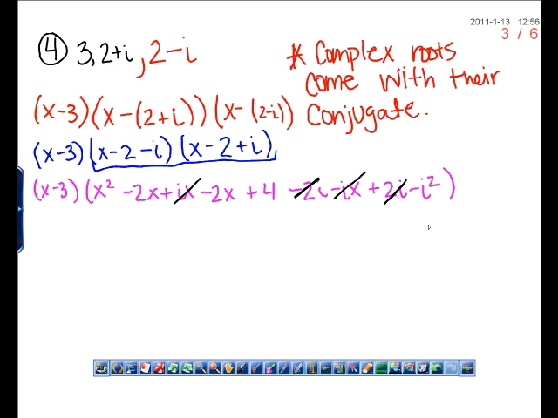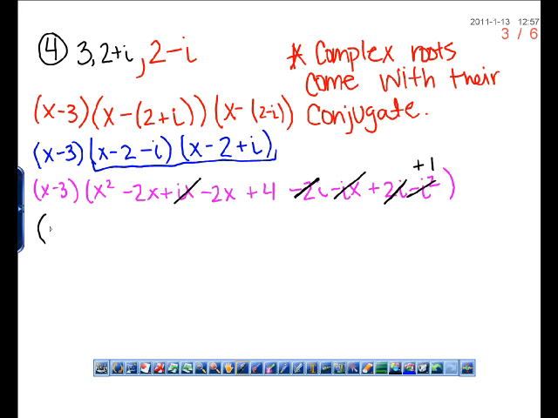Good, because we have negative 1, which is just going to be plus 1. So tell me what canceled out. All your i's should cancel because this is not a problem that is given to us in imaginary numbers. Anytime we see a polynomial, it's only got real numbers in it. So all your i's should cancel out.